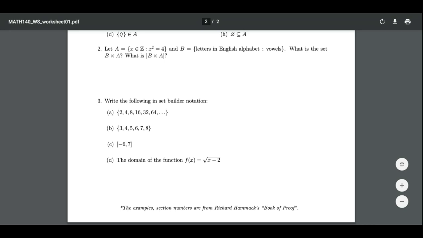The inside cannot be negative, so x minus 2 is greater than or equal to 0, right? That's the domain of this function. The inside of the square root sign cannot be negative, which means it can be positive or it can be 0. So x equals 2 is also included in this set.